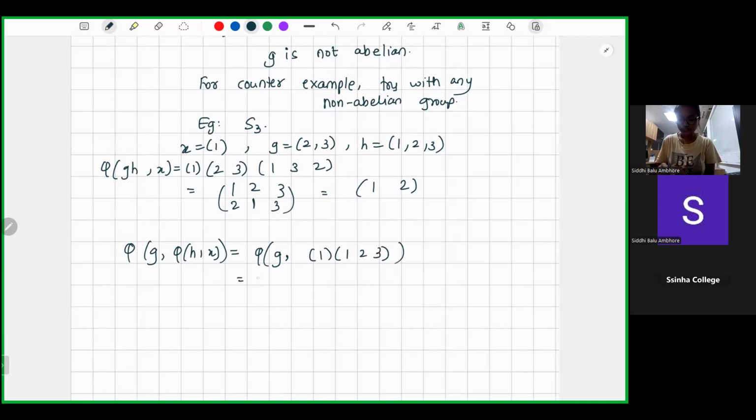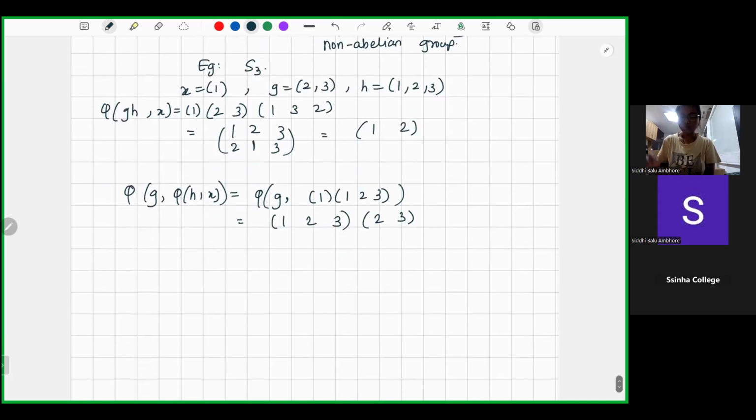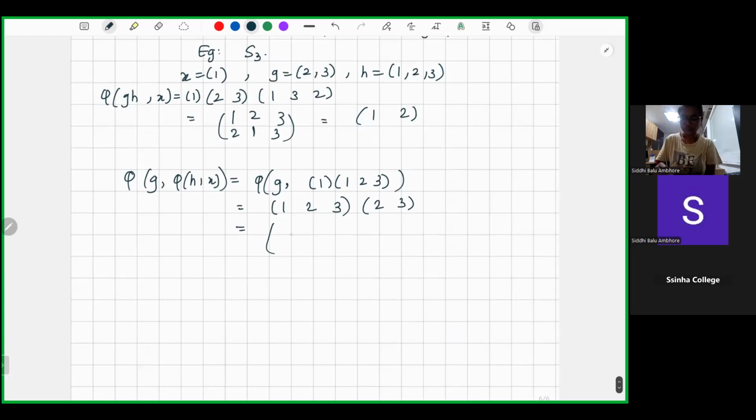That is just (1 2 3) again. And (1 2 3) now will act on (2 3). Not act, but it is just multiplication. And you can check that 1 is going to 1, here 1 is going to 2. And 2 is going to 3 here, and 3 is going to 1. Okay, these two elements commute.